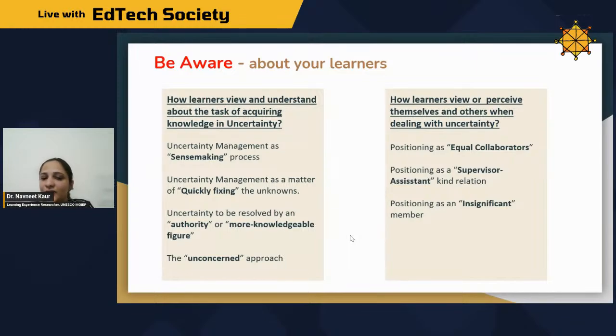Are there relationships which show that one person is considering the other person as insignificant? These things will matter, because when they are resolving uncertainties together and discussing in a classroom, these behaviors are going to impact how they behave. So being aware of them as a teacher will help you resolve their uncertainties in a productive manner.